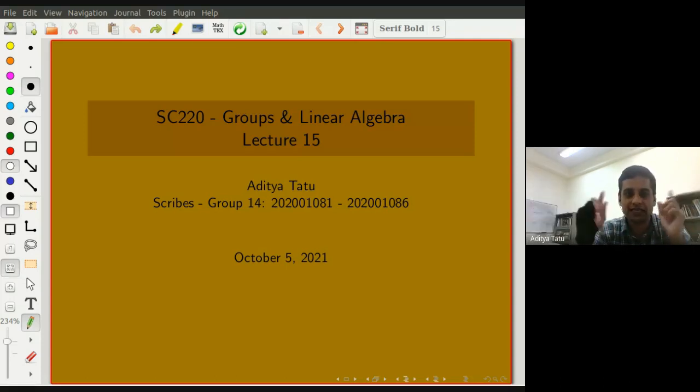Again, just to recollect, every cyclic group is abelian, but every abelian group is not cyclic. But what we still can show is that, give me any finite abelian group and I can break it down or decompose it into a product of cyclic groups.